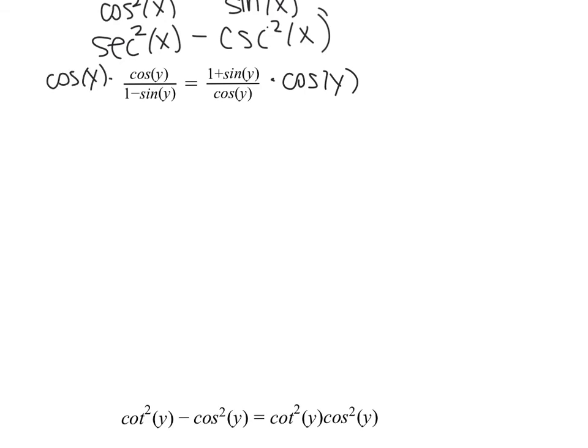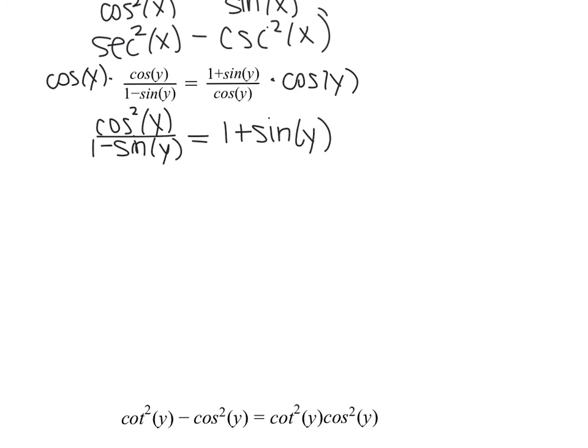And when I do that, I get cosine squared of y over 1 minus sine of y equals 1 plus sine of y. Now it's a bit easier to verify that the left side can simplify just to 1 plus sine of y.